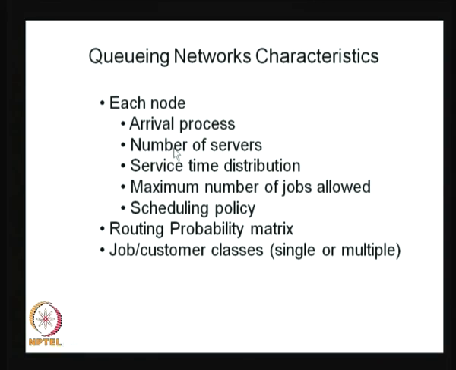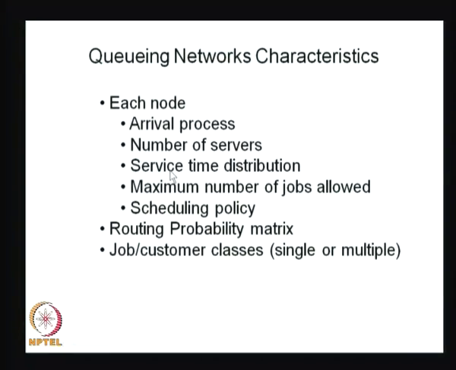Then you have to provide the number of servers in each node, whether it is only one server, multi-server, or infinite servers. Then what is the time taken for the service, whether it is deterministic or probabilistic. If it is probabilistic, then what is the distribution of service time? For each node you have to provide this.